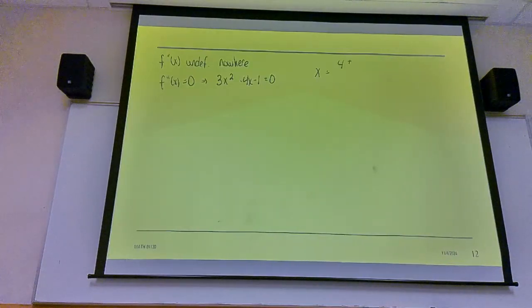Negative b plus or minus the square root of b squared minus 4ac. It's actually plus 12, all over 2a.